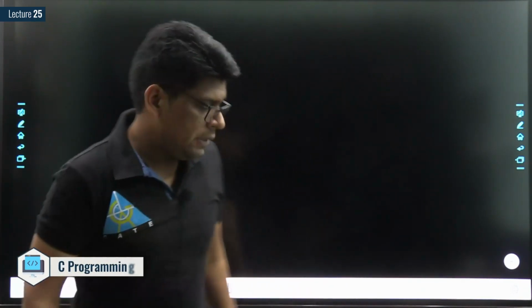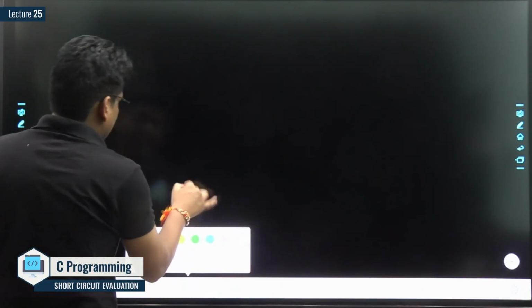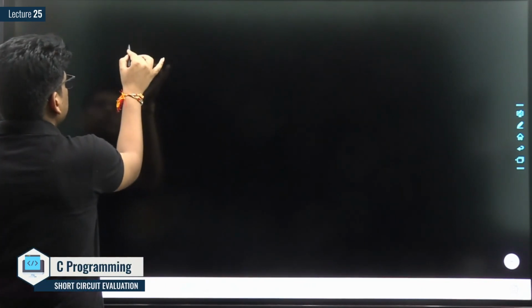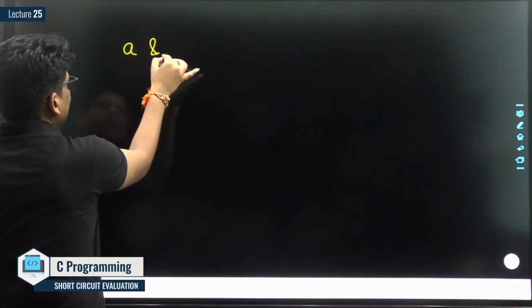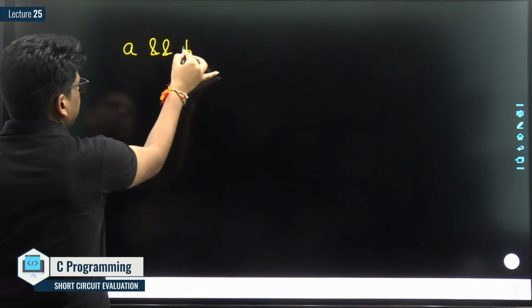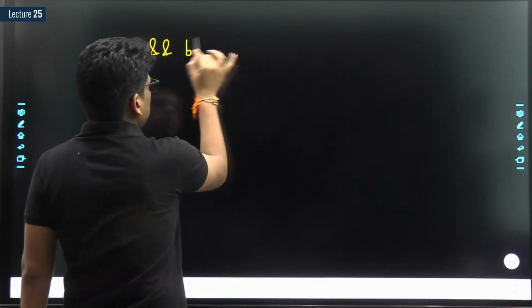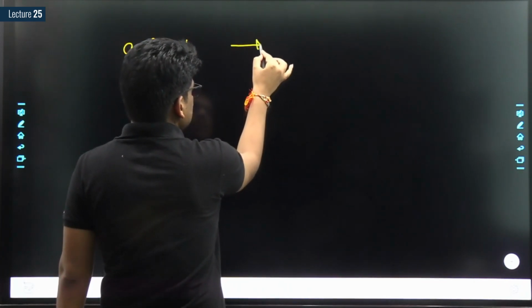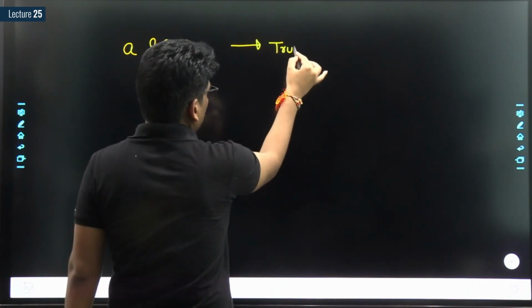So we have discussed logical operators, logical AND and logical OR. Sir, how does logical AND work? We know, sir, if we have A logical AND B, what is the result? The result is true.